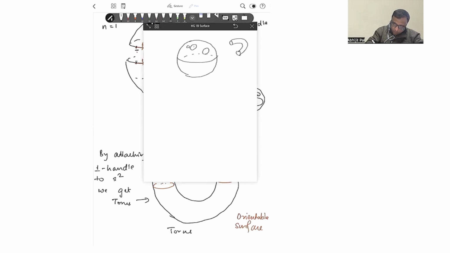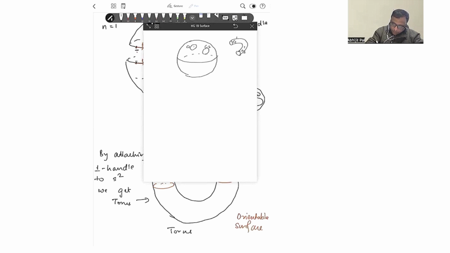When you take out the open disks from the sphere, you'll get a circle C1, and here also you'll get a circle C2. And now let us call one boundary component of this cylinder C1 prime and the other C2 prime.